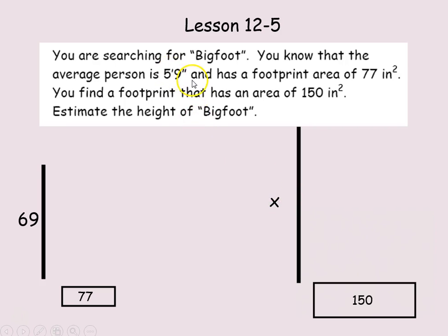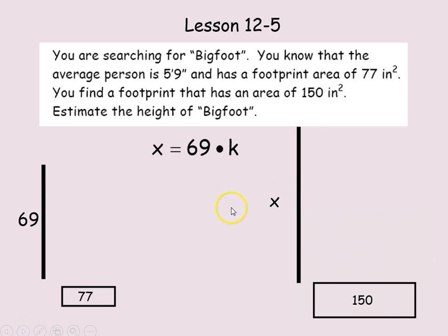That the average person is 5'9", and then we know that this is inches squared, and then we can figure out how these are related by the scale factor. So we can figure out that whatever this height is, this height times the scale factor, k, is going to be the height of Bigfoot. So we need to figure out exactly what k, or the ratio of similitude, or scale factor is that relates to these two.